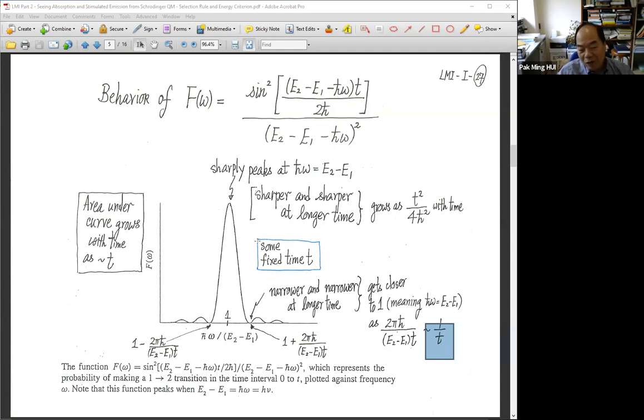You only have a finite time, therefore you will not strictly hit the requirement that this denominator must be 0. You have a small buffer that goes like 1 over t, so you still have some chance to have this stimulated absorption.